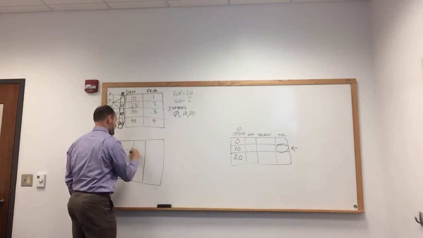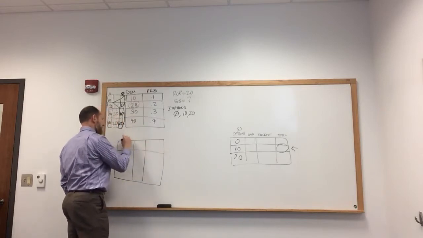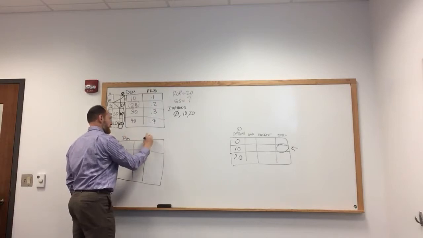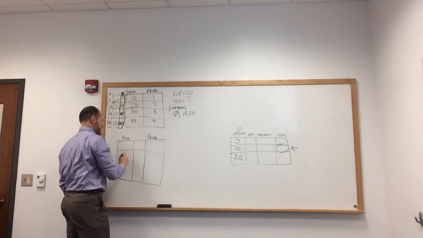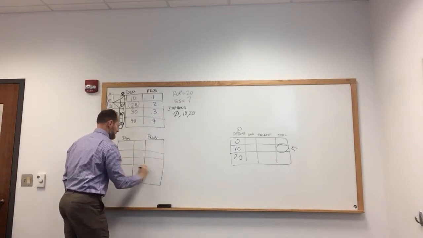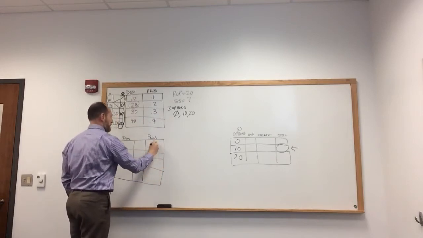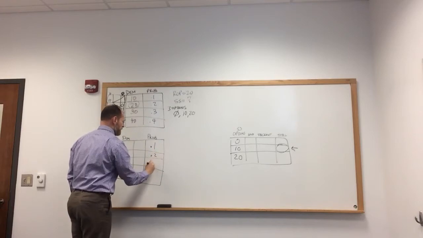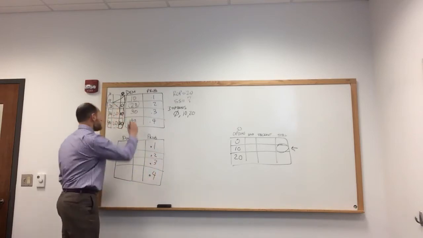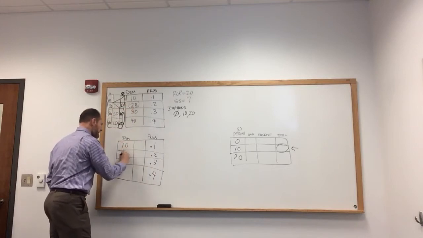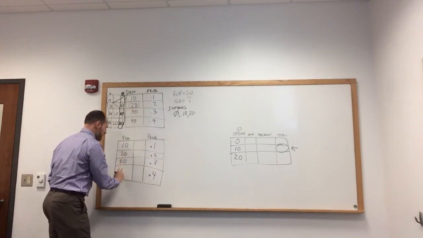Demand is going to be here, probability is going to be here, and those numbers are not going to change. 0.1, 0.2, 0.3, 0.4. 10, 20, 30, and 40.